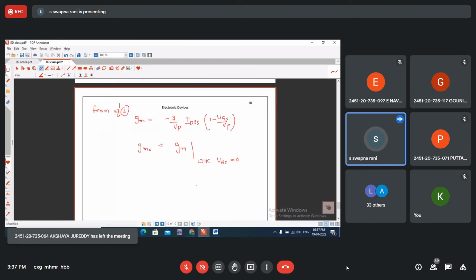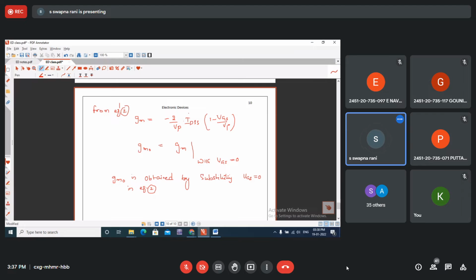So GM naught is obtained by substituting VGS equal to 0 in equation 2. When VGS is 0, then that transconductance is going to be called GM naught.